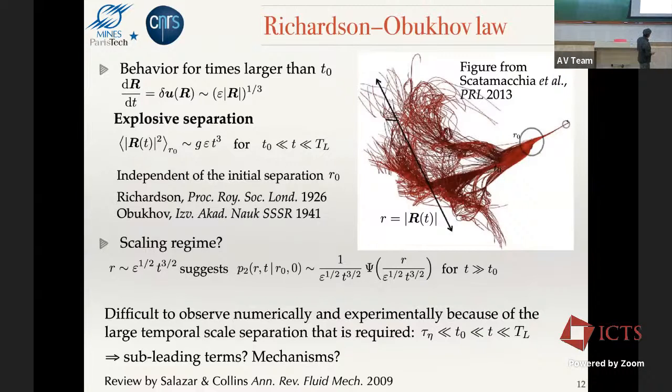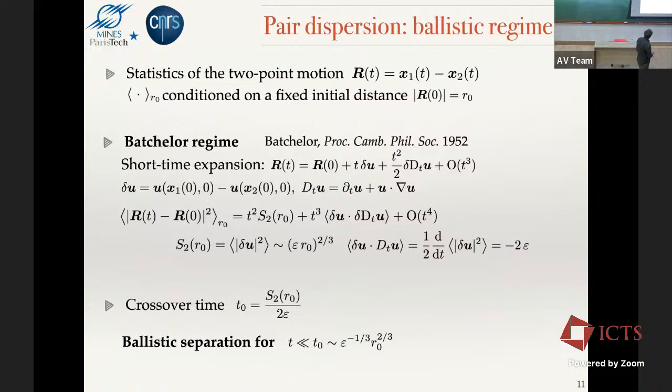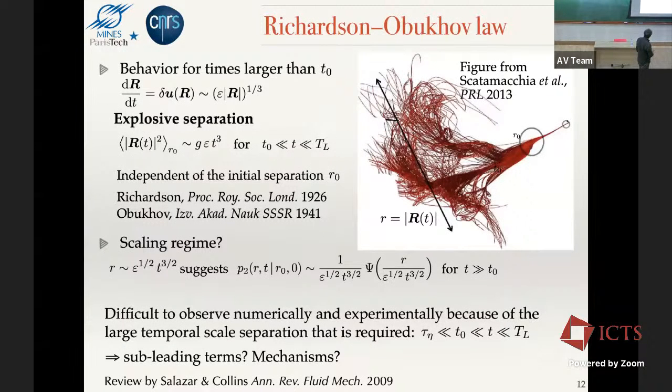Yeah, because in order to get the exponential behavior, you need to be able to linearize this equation. So this means that you need to choose your R0, your initial separation, at very, very small scales. Here, R0 is arbitrary, in the inertial range.